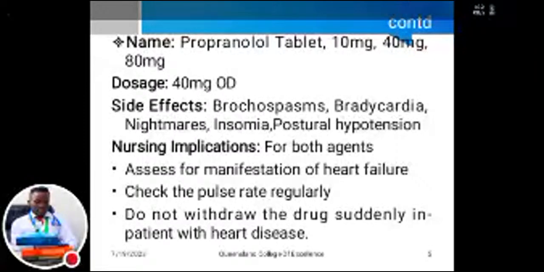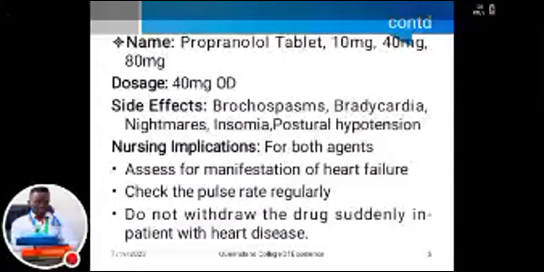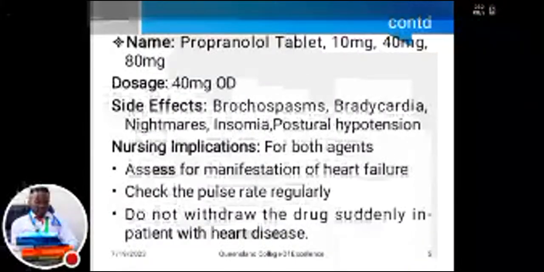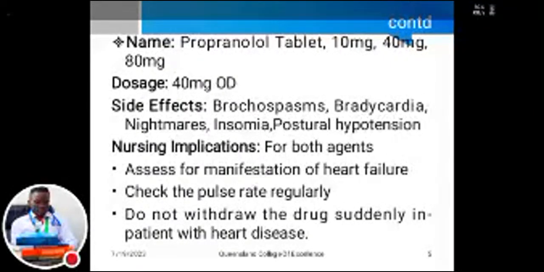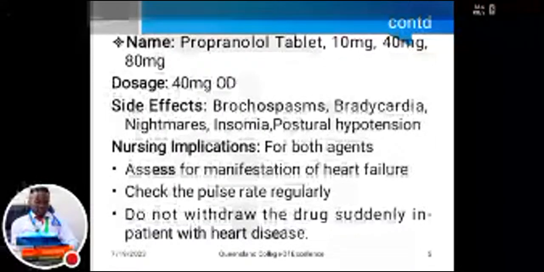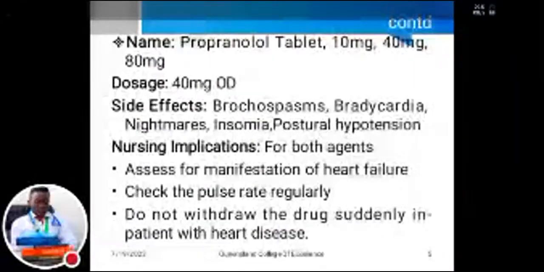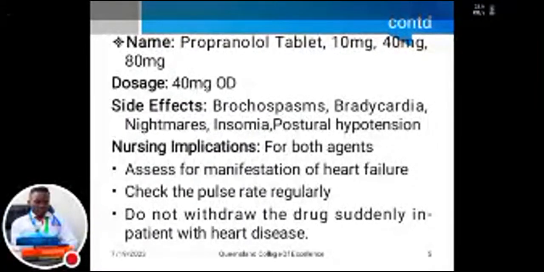Okay. Now, these ACE inhibitors, they usually end with pril. We have enalapril. These drugs are very effective and they are well tolerated by most patients. It is the effectiveness of these drugs that usually makes the patient tolerate them.